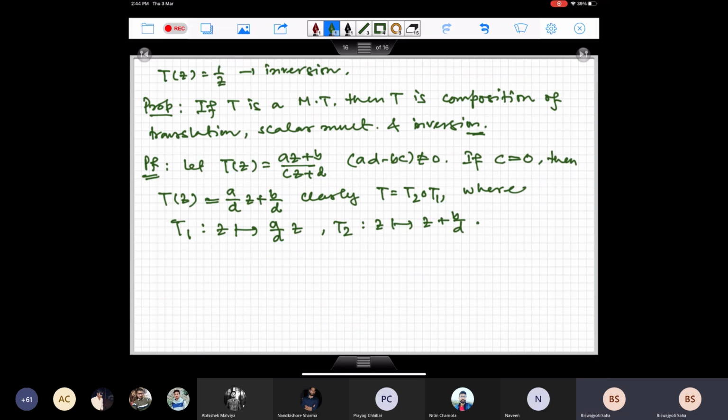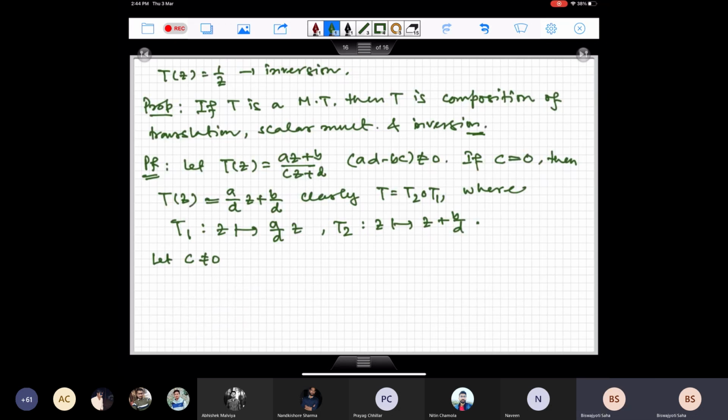Okay, fine. But our life might not be so simple like that, so we might also have C not equal to 0. So let C not equal to 0. Then I'm going to start with Z, and eventually I need to end up with (AZ plus B) by (CZ plus D). So let us see how I am going to achieve that.